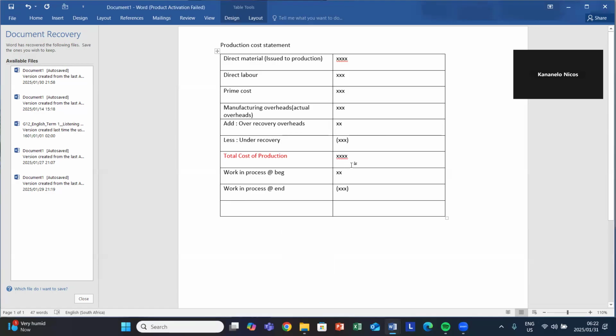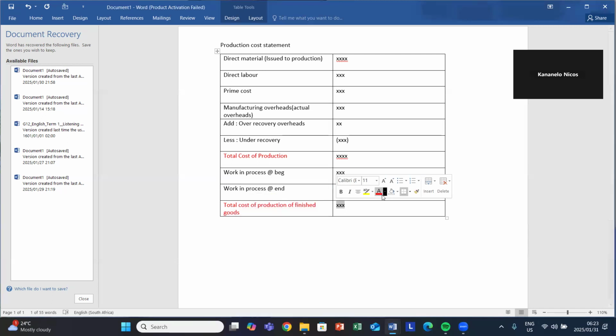So when you see total cost of production plus work in process at the beginning and minus work in process at the end, you are going to get total cost of production of finished goods. And that's how you basically do your production cost statement.